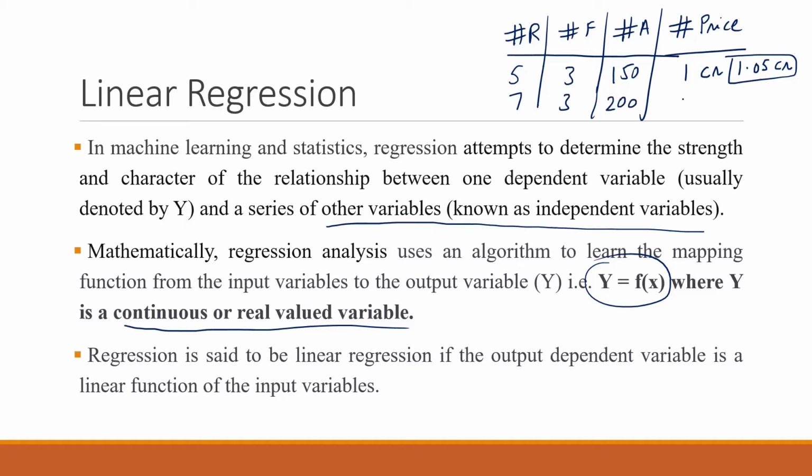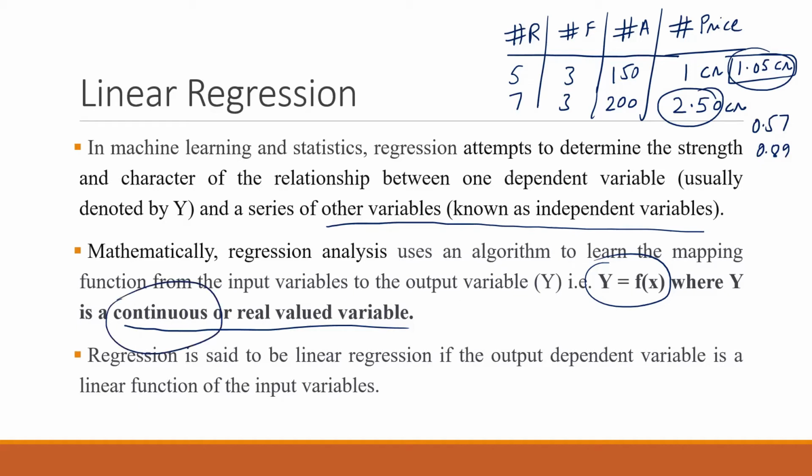Then this price might go up to 2.50 cr. So you can see that these are continuous variables, 2.5, 1.05. There might be 0.57, 0.89. There might be multiple types of prices of houses. So these are all continuous values, real values.